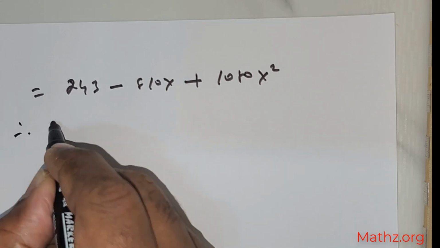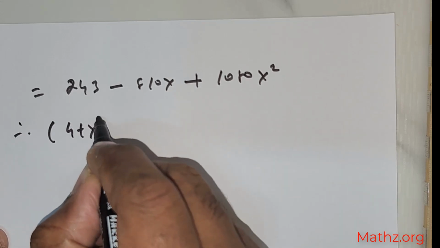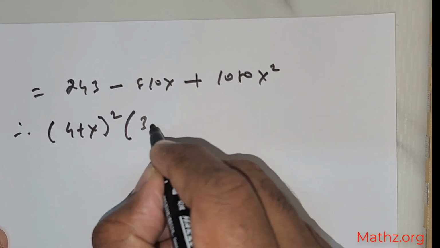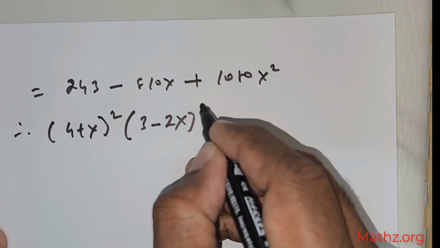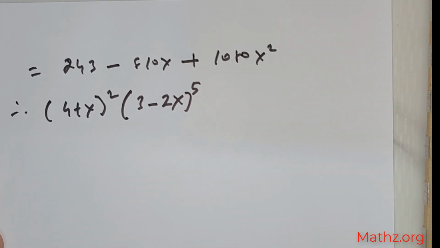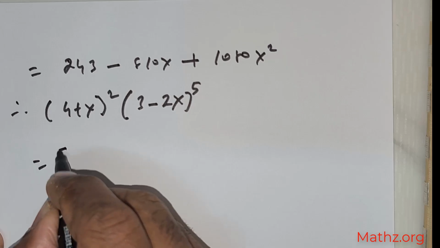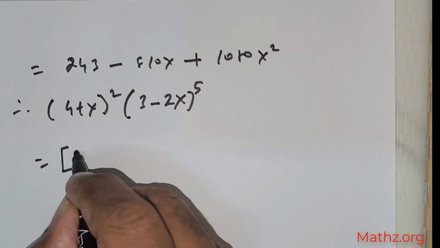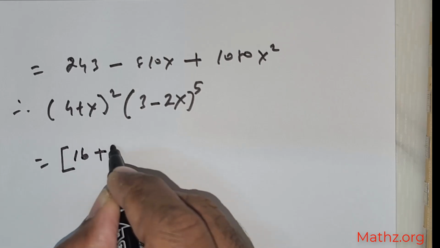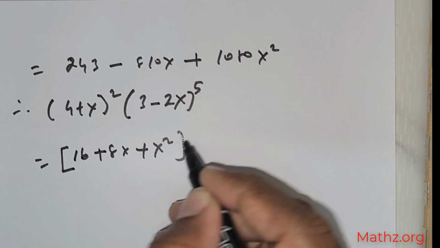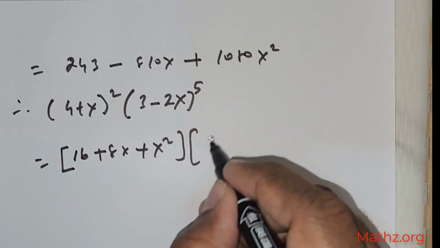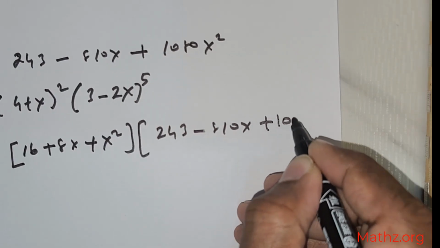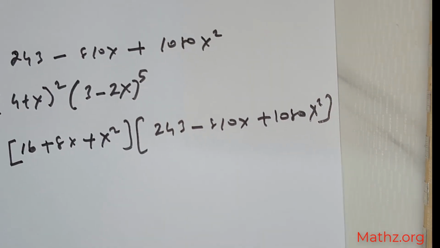Now this has to be multiplied with (4 + x) the whole squared, and (3 − 2x) raised to the power of 5, isn't it? So this is equal to, this we have already got, 16 + 8x + x squared times this 243 − 810x + 1080x squared.